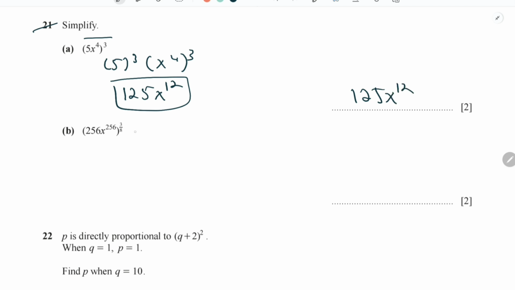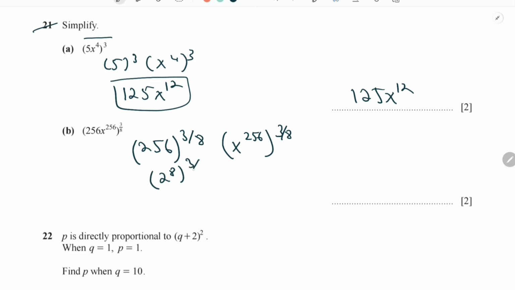Now we have the second one. 256 to the power 3 over 8. Now we convert 256 into the exponent form, that means 2 exponent 8. And with 3 over 8, this 8 and this 8 cancel down.